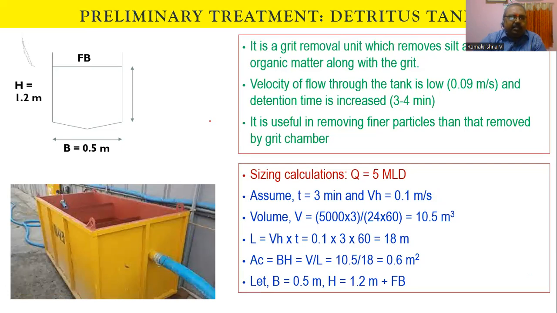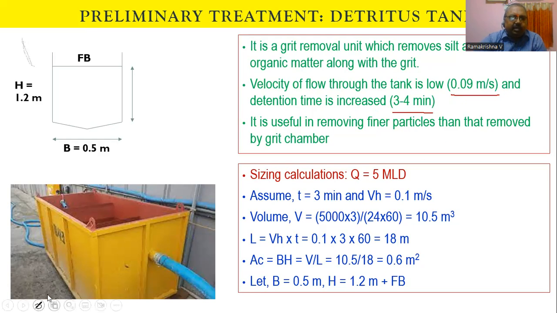The low velocity means the organic solids can also be settled. Why? Because their specific gravity is low compared to inorganic solids, so they take more time. This is the reason why we give low velocity and slightly increased detention time, so that organic solids can also settle down. So here the detention time goes up to 3 to 4 minutes, and the velocity of flow goes up to 0.09 meters per second.